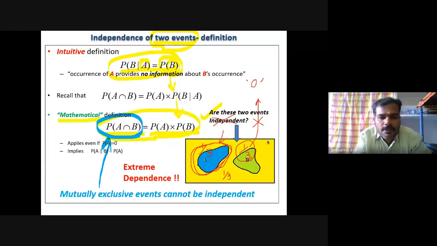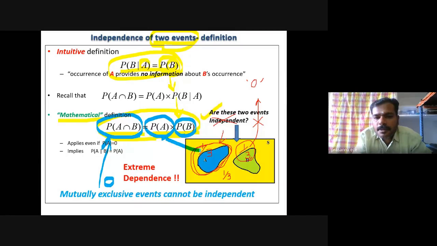It is 0. But P of A has a non-zero value and P of B again has a non-zero value of 1 by 3. We cannot obtain a zero value by multiplying two non-zero constants. That is why mutually exclusive events cannot be independent.